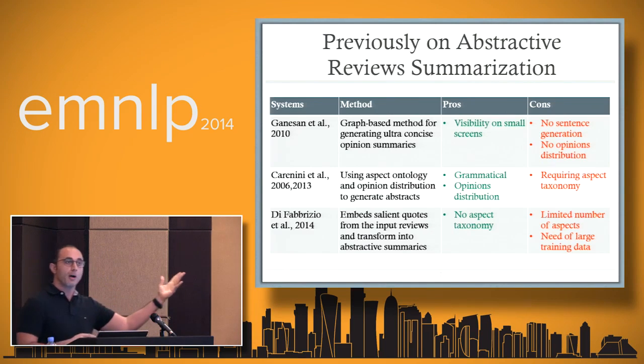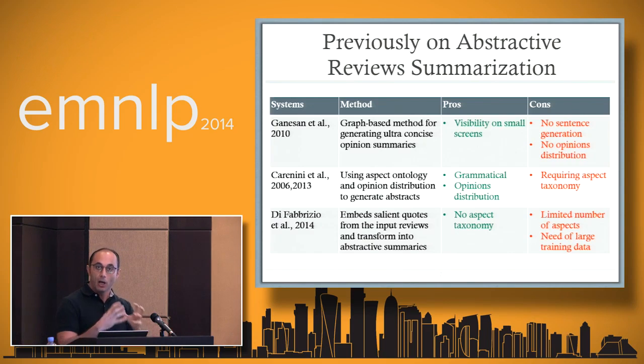To overcome such problems, the next approach uses an aspect ontology and opinion distributions to generate well-formed sentences or paragraphs as the abstractive summary. Of course, it was grammatical and showed opinion distribution, but they had to use an aspect taxonomy. If you want to use an aspect taxonomy for each product, you have to build it manually, which is really time-consuming, or do it automatically, which is noisy.